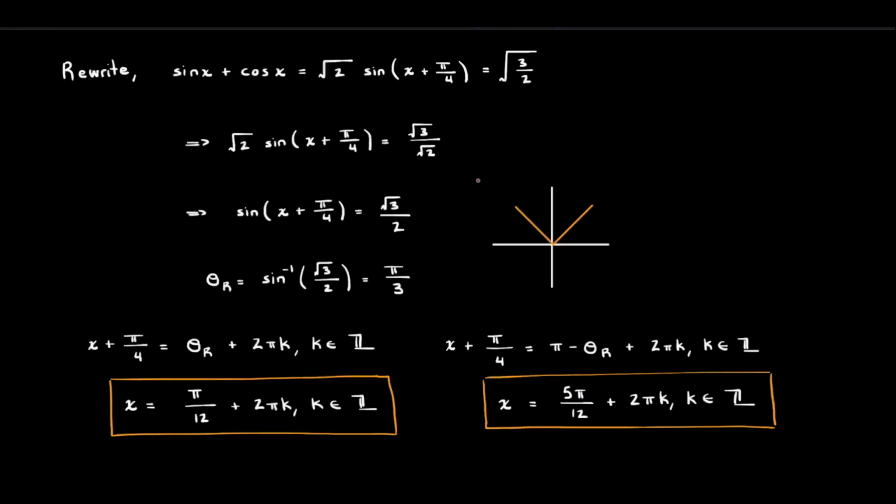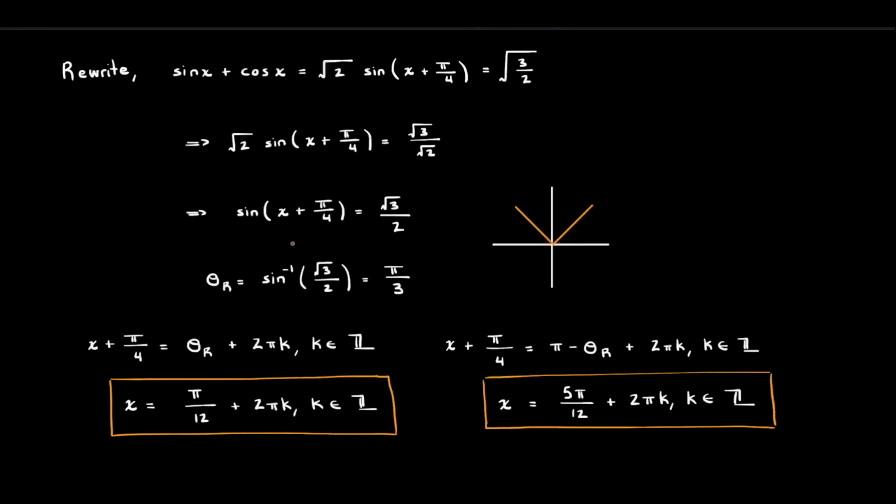Okay, to solve this trigonometric equation, we'll first write this as square root 3 over square root 2, then divide both sides by square root 2, which will make this a 2 down here. And now we're trying to figure out when does sine of theta equal square root 3/2, right? When is sine positive? Sine is positive in two quadrants, quadrant number 1 and quadrant number 2.